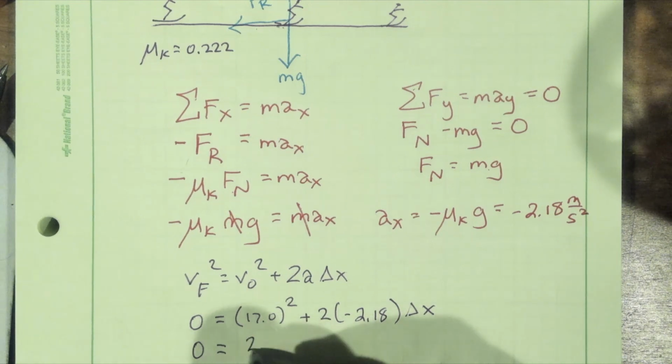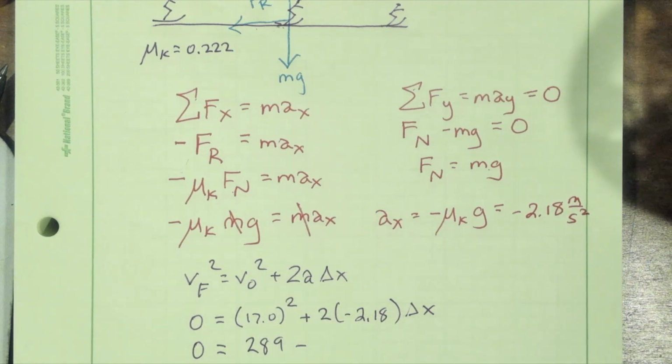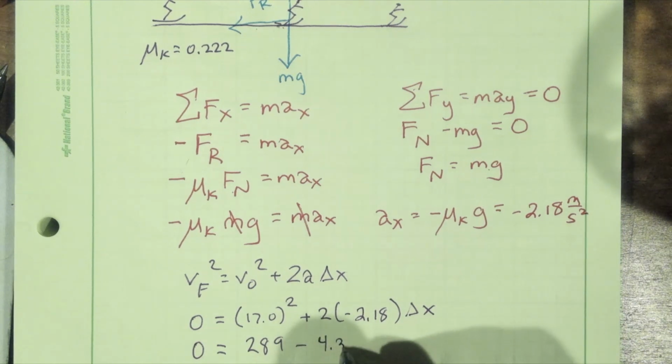And so 17 squared is 289. 2 times 2.18 is 4.36.